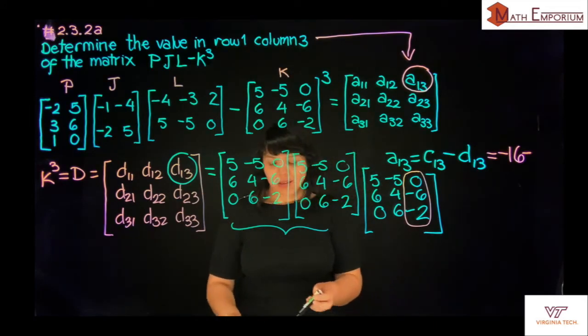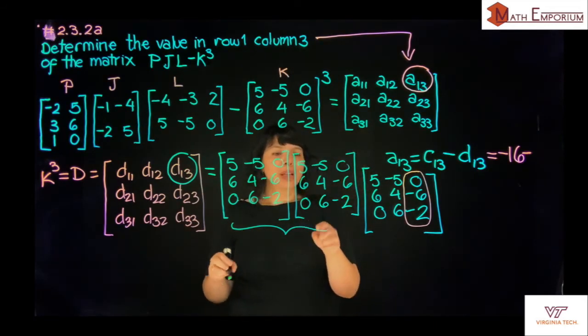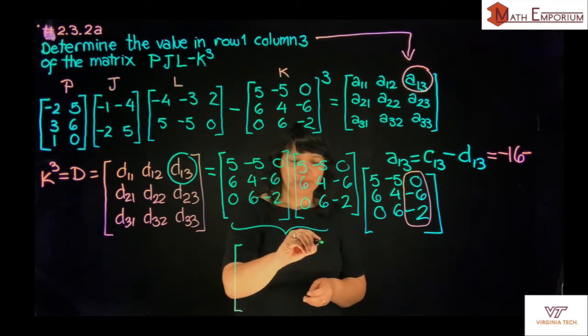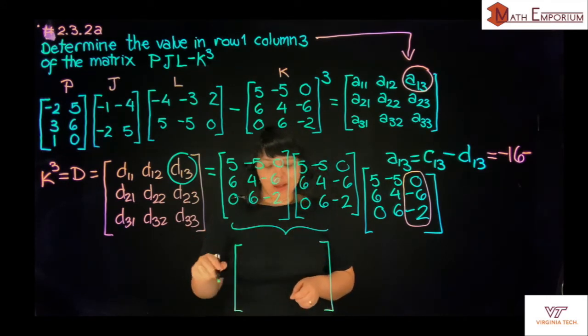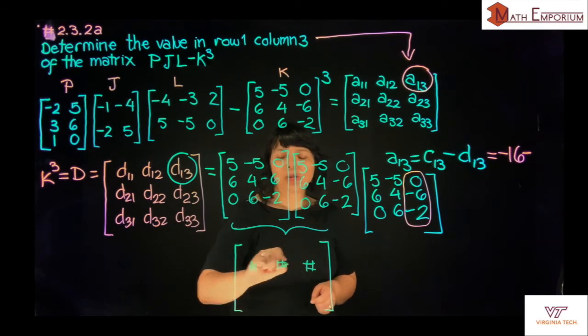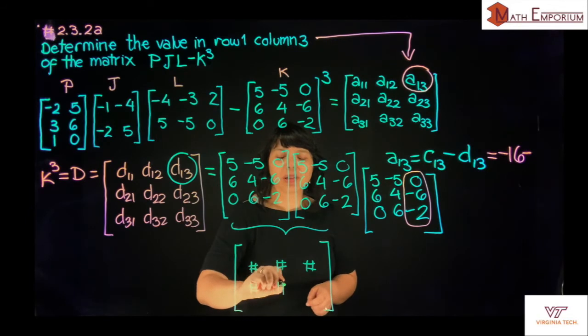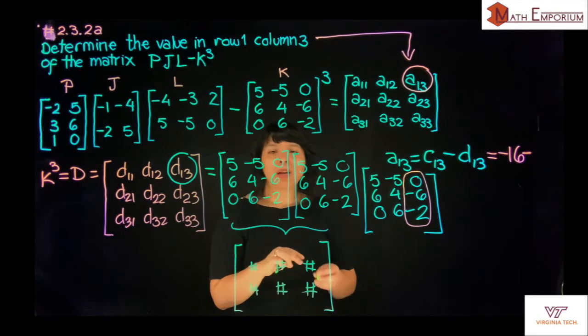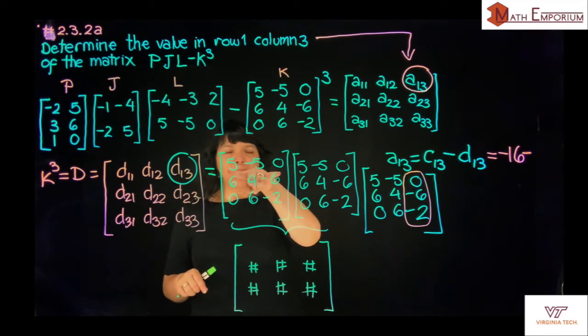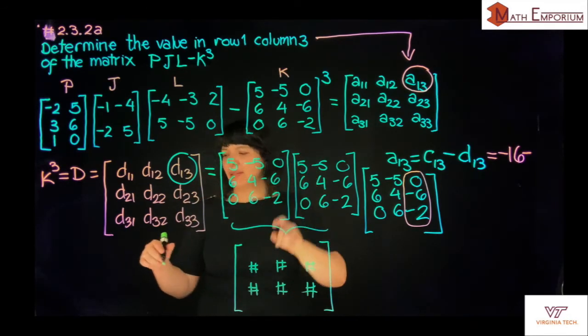So let's do that. If I only want to compute the first row here, I'm going to end up having a bunch of numbers here, and like I said, I just want to focus on the first row. So the first row is by multiplying this times this.